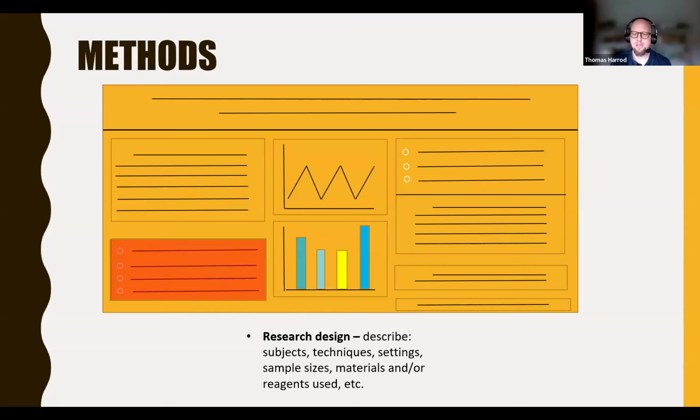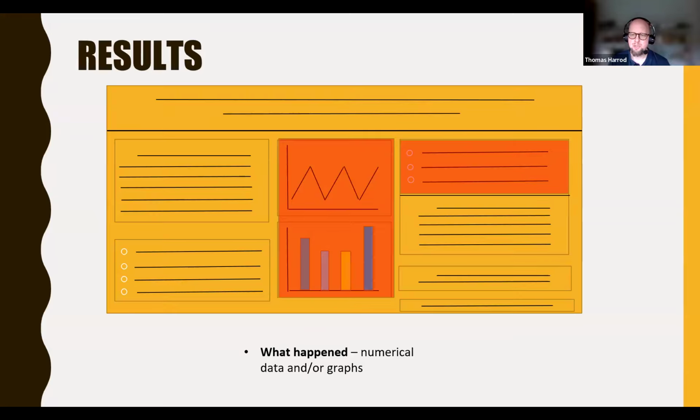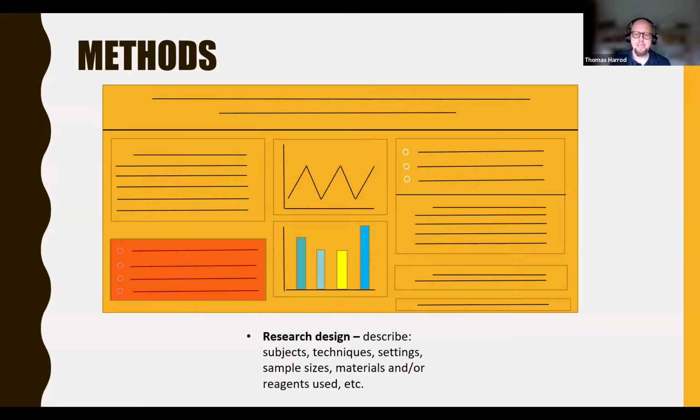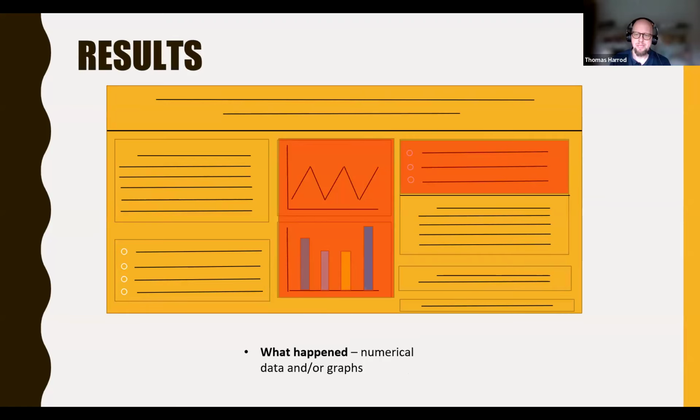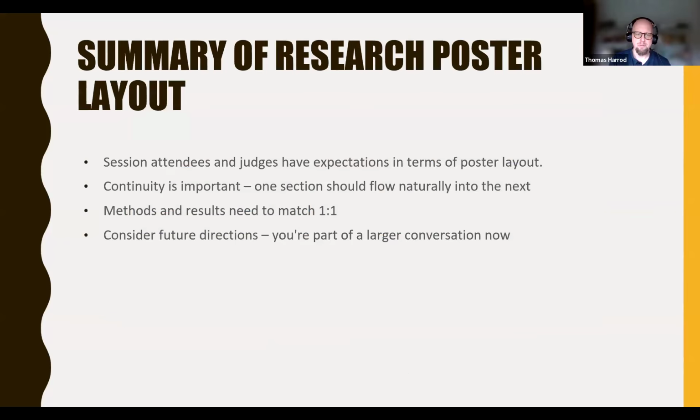There should be a one-to-one correlation. So there should not be information that shows up in your results that you did not explain how you got in your methods, and you should not describe things in your methods unless it leads to results. So again, that's part of this larger idea of continuity from one section to another. The idea is that someone could look at your poster even without you being there, and they could piece together what you did. And so you really want to think about that.